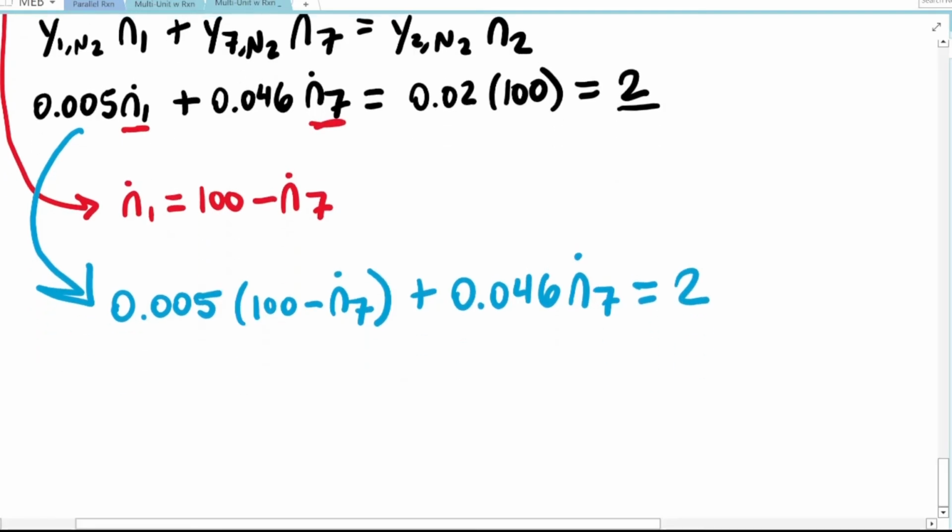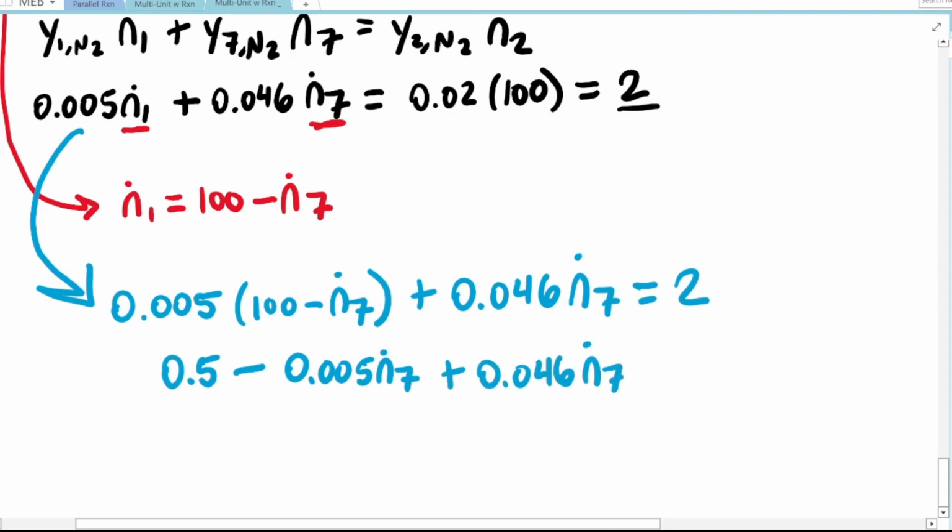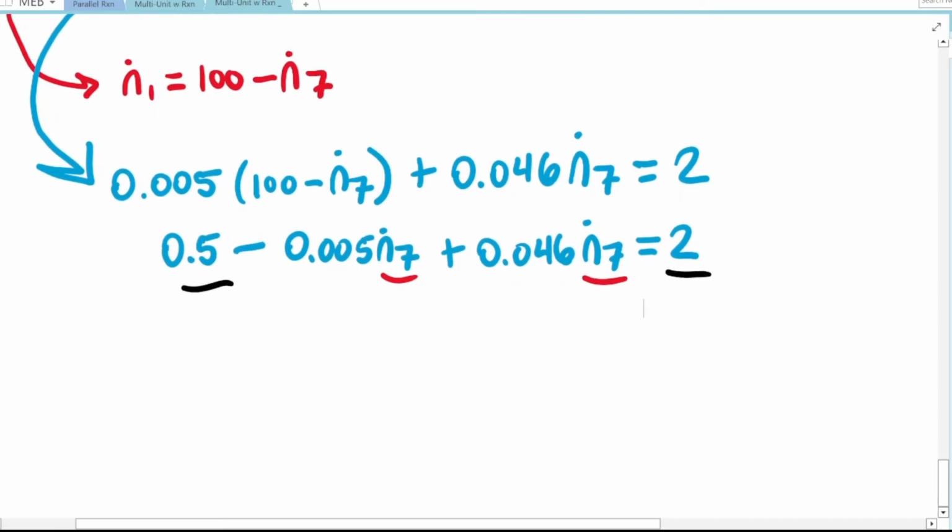From here, we get 0.5 minus 0.005 N7 dot plus 0.046 N7 dot equals 2. Now we combine my N7 terms and combine the regular terms that have no variables, and we get 0.041 N7 dot equals 1.5.